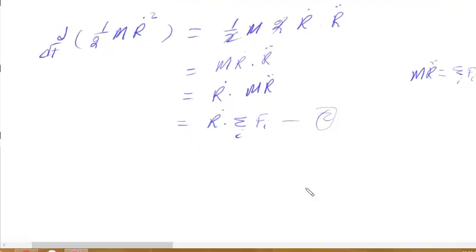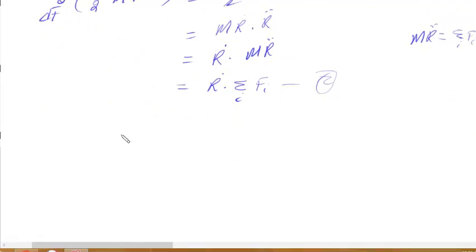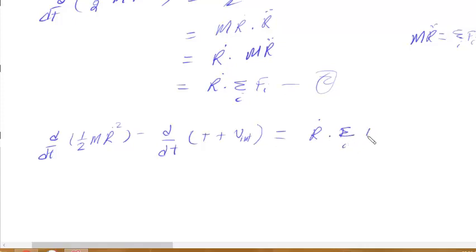Then we can write d/dt of (1/2) M Ṙ² minus dT/dt, and T plus V internal potential energy, is equal to the summation over i of Ṙ · Fi minus the summation of Ṙi · Fi.